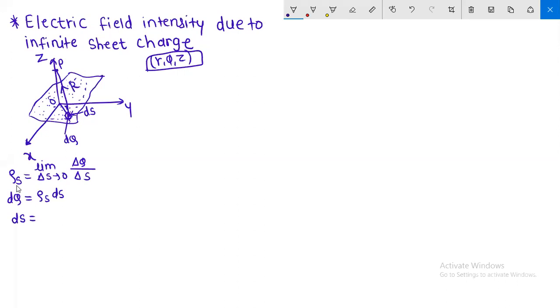Then if z is equal to constant, what is the surface area for cylindrical coordinates? It is r dr d phi. Everyone tell me, is that differential area correct or wrong?